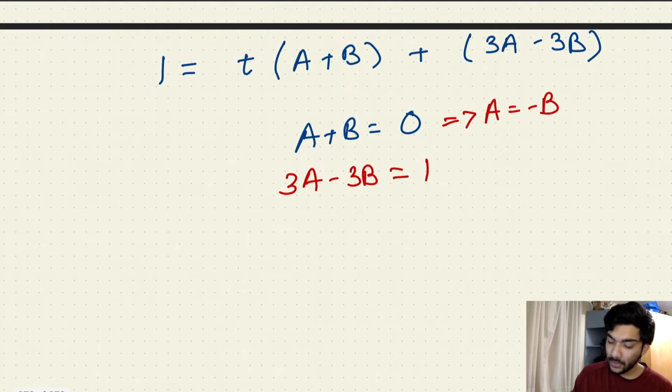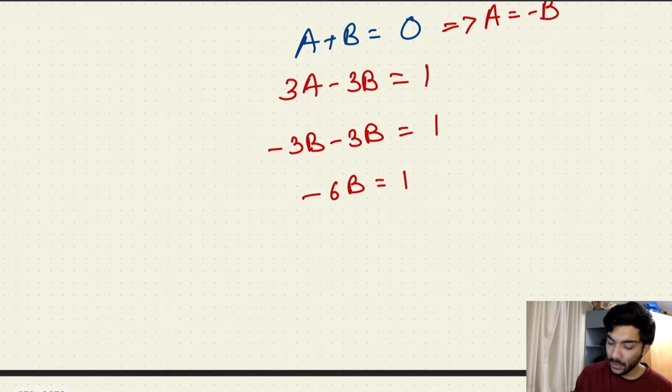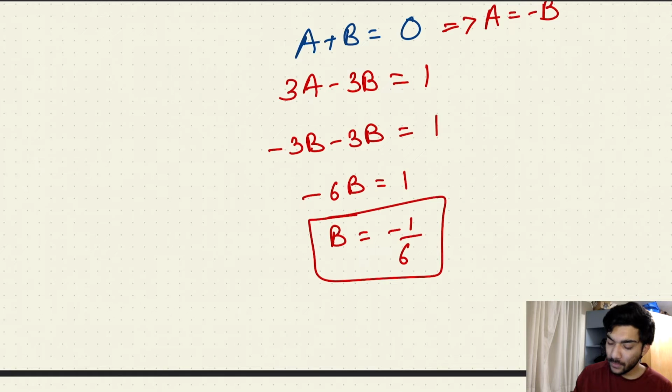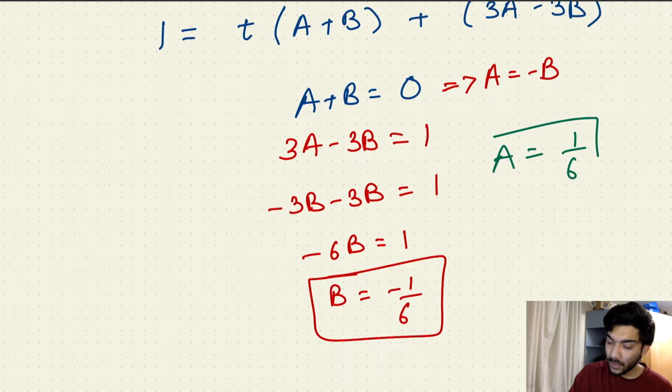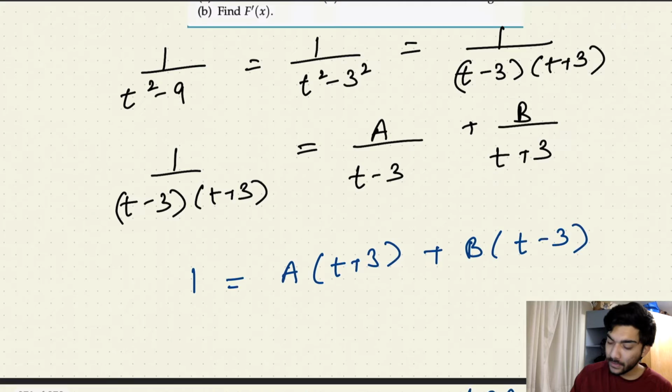From this expression, A is equal to minus B. If A is equal to minus B, we can write this as minus 3B minus 3B, so minus 6B equals 1, B is equal to minus 1 by 6, and then according to this expression, our A is equal to 1 by 6, right?